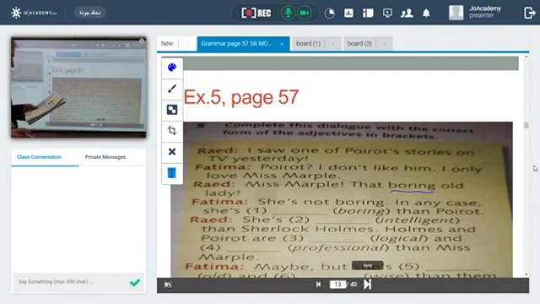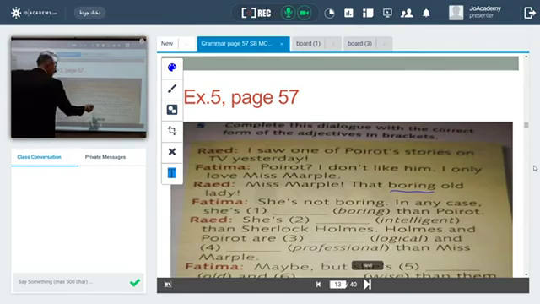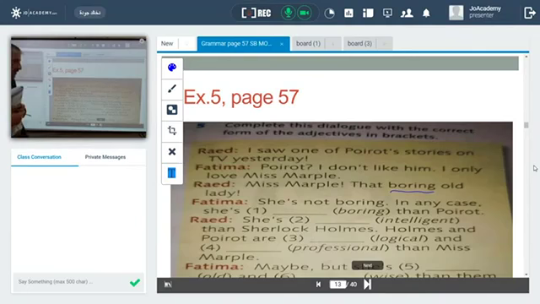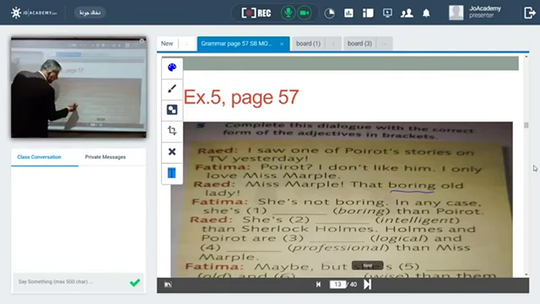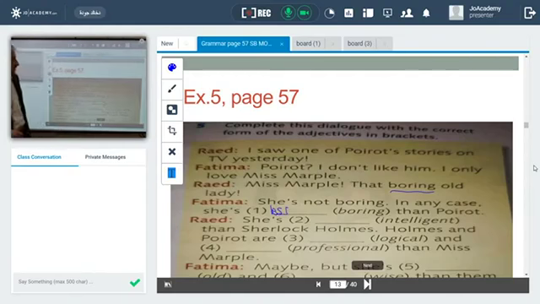boring than Poirot. So here what I will add, we have the word boring, I will add more or less, or I will add ER to the end of the adjective. Can you tell me? She, according to Fatima, is less boring than Poirot.